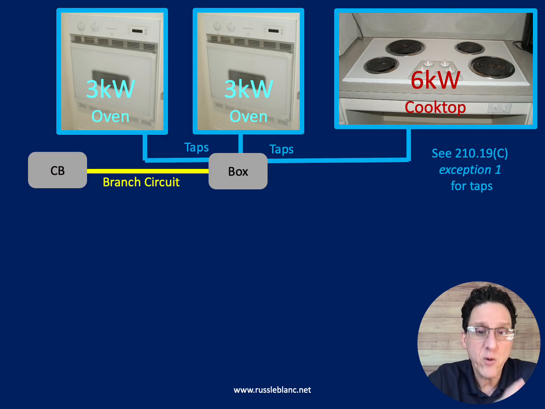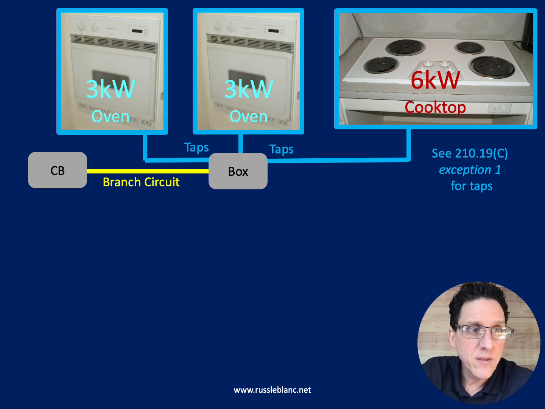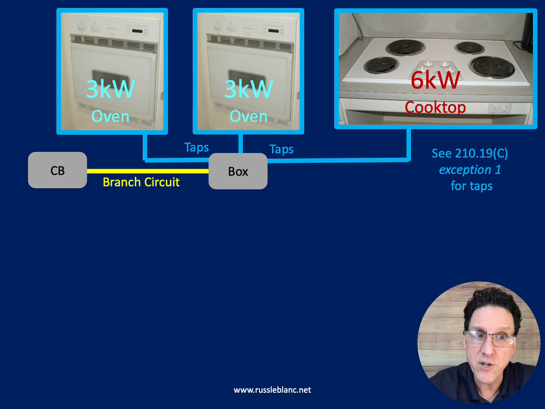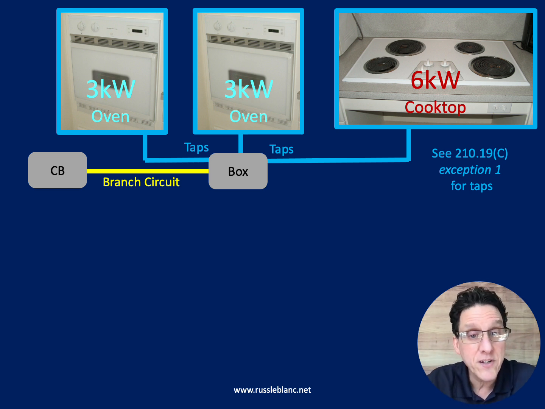You put in a circuit breaker, just one branch circuit instead of 3, and then you run your branch circuit wires to at least 1 junction box, maybe 2, or maybe 3, depending on how far apart these appliances are from each other. If they're very close to each other, you could just take the fixture whips. Typically, it's a flexible metal conduit with the appliance leads in it, and you can bring that into the junction box and splice onto the branch circuit wires.